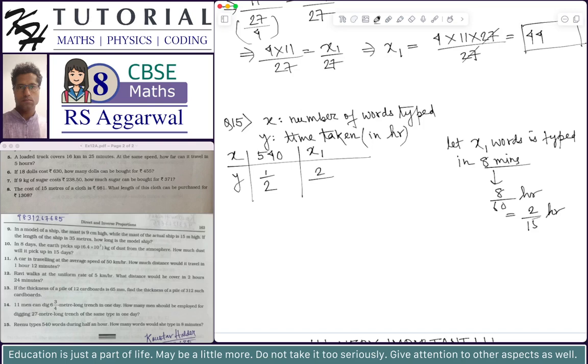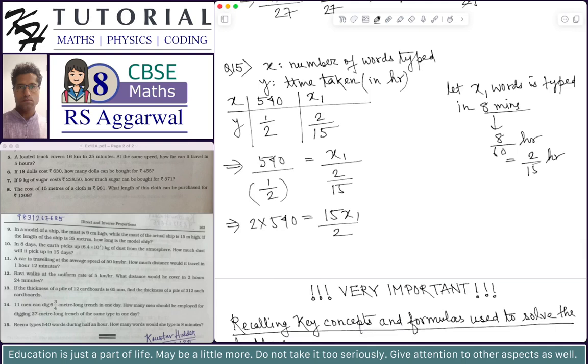So now we can say that 540 divided by half should be equal to x1 divided by 2 by 15. After simplification of both sides, we get 2 multiplied by 540 is equal to 15x1 by 2. So this implies x1 is equal to 2 multiplied by 2 multiplied by 540 divided by 15.